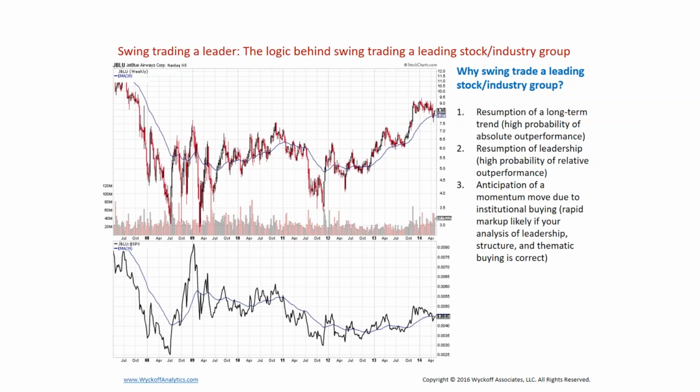One of the ideas here is that leadership is never a single leadership. It's not a single stock that could produce that leadership. It's usually a leadership that reflects a much bigger thematic idea. What do I mean by that? When institutions are initiating a position, they are not initiating it in a specific singular stock.